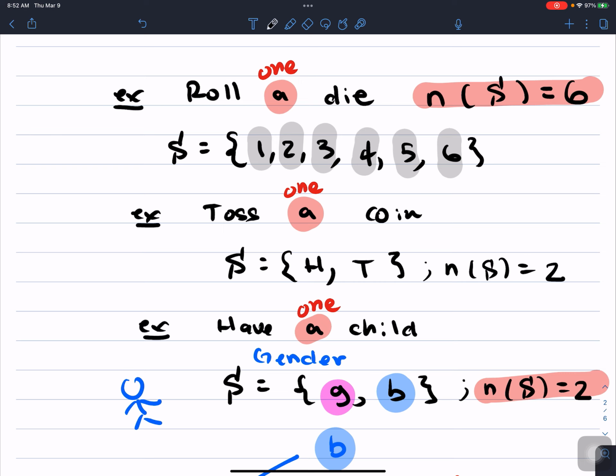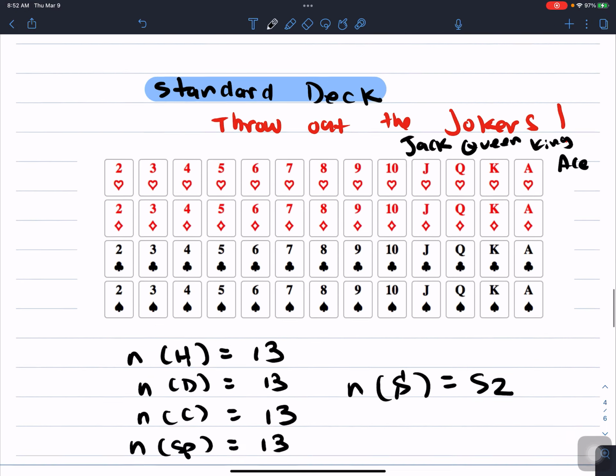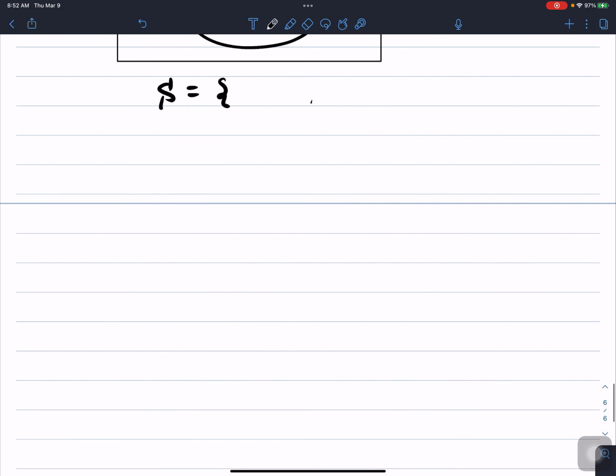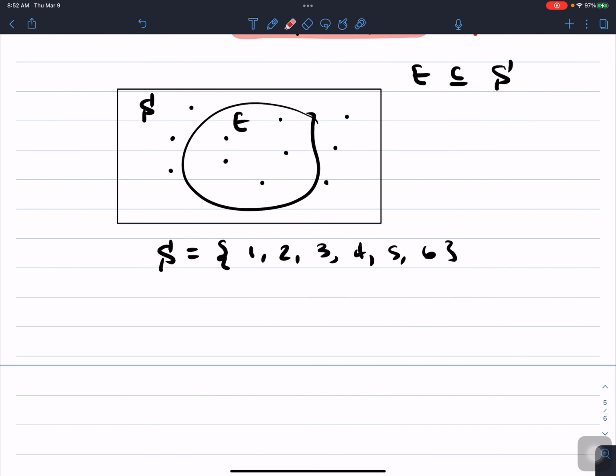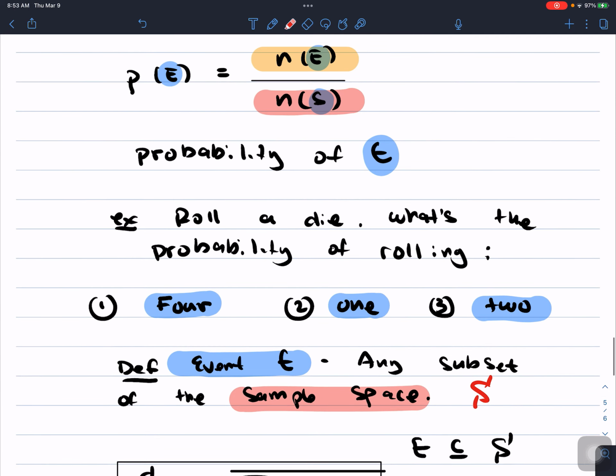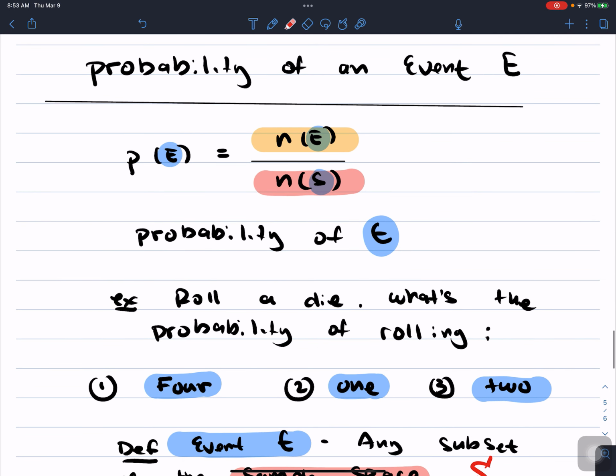So what are the outcomes? 1, 2, 3, 4, 5, and 6. We're going to put all this together. So you're going to roll a 1, a 2, a 3, a 4, a 5, and a 6. There you guys go. So here's our sample space. Okay, easy peasy lemon squeezy. We wrote this down yesterday. Here's the sample space. So today, we're looking at the definition of a probability.